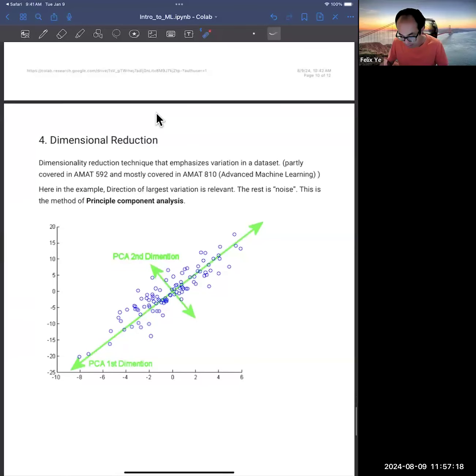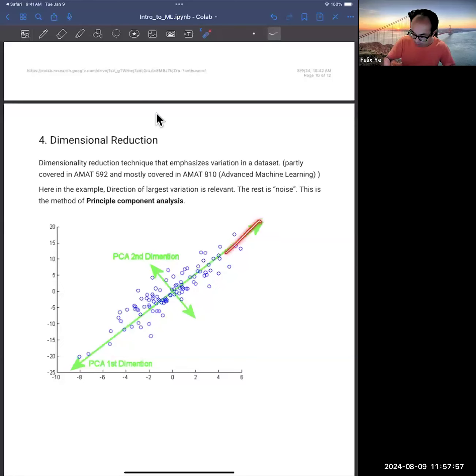Dimension reduction. This is again partially covered in this course. We have another topic course on dimension reduction, mostly on manifold learning techniques, and in the Practical TDA class we cover some of the material as well. For example, if this is my data right here, you can see it's very skewed.